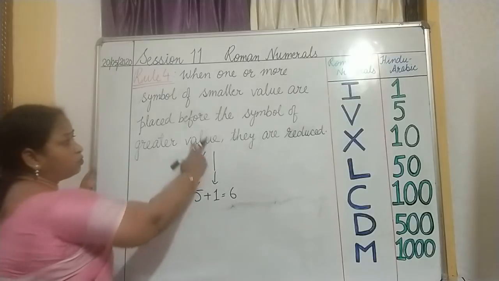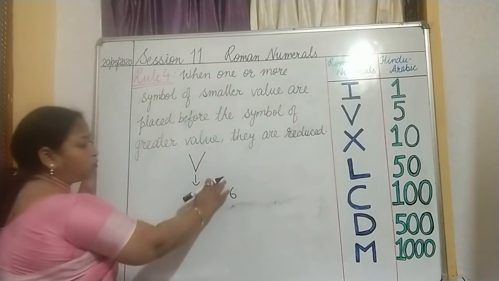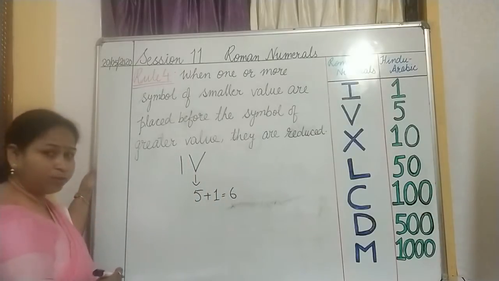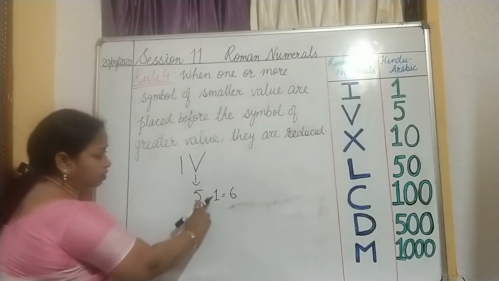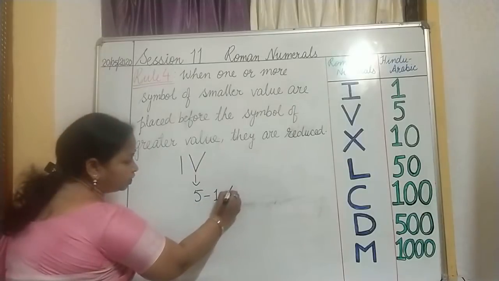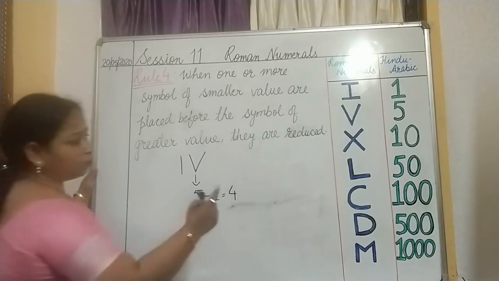Now rule number 4 says that if the smaller value is placed before, means over here, okay, what will be the value? The moment it comes before, this plus sign will change to minus and your answer will change to 4. Understood? Want to do some more examples? Let us do it, okay.